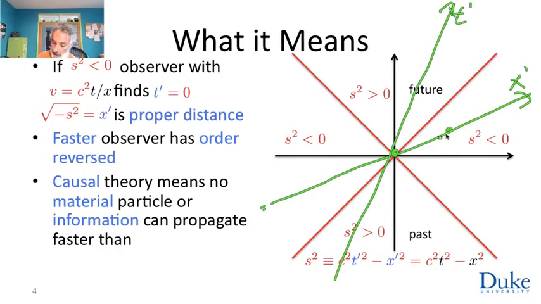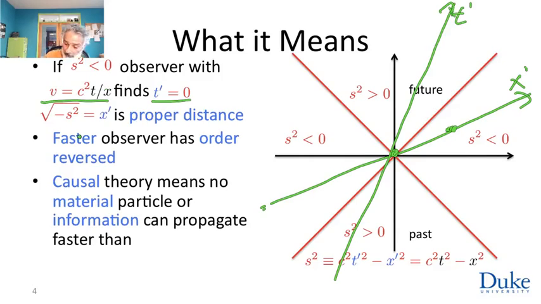So I can always find some observer for any event in the outside of the light cone. There is some observer who thinks it's on the x-prime axis, who thinks it's simultaneous with the event we started with. For that observer, of course, the time of this event is t prime equals 0. Here's the speed with which that observer needs to move, and because c squared t squared is less than x squared, this is less than the speed of light, so that's legitimate.